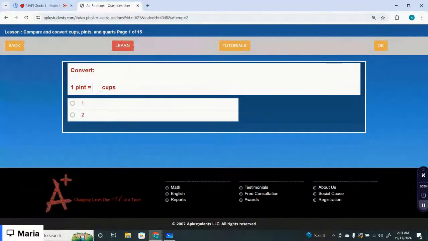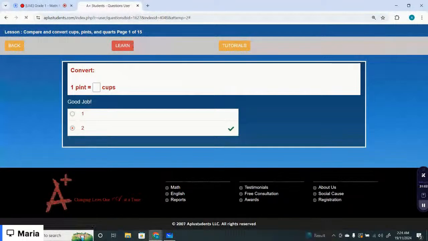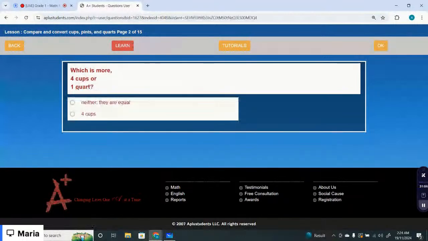The correct option is, 1 pint equals 2 cups. The correct option is option number 2, that is 2 cups. The next one is which is more, 4 cups or 1 quart?